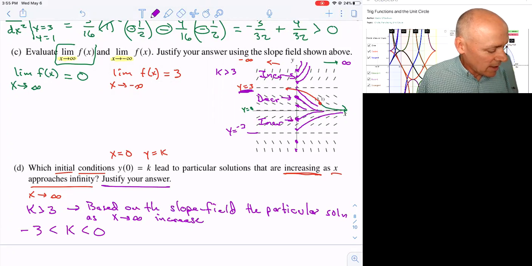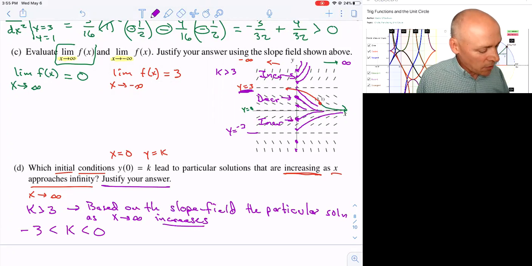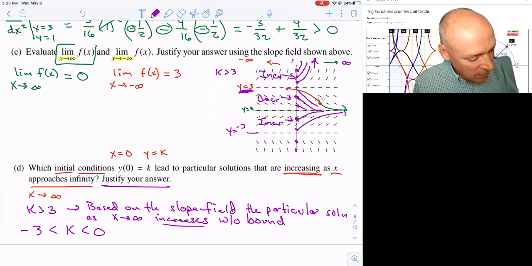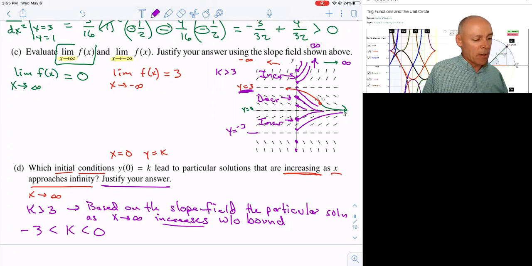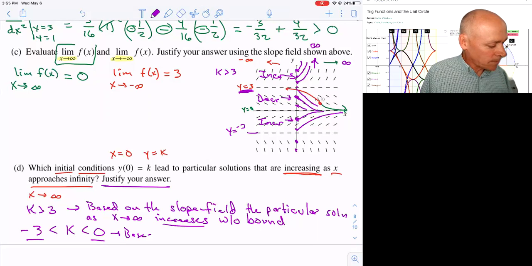That's our key. And we would say those would increase without bound. They would go toward positive infinity. They just keep going and going. Those that are above, where k is greater than 3. These that are in between -3 and 0, same thing based on the slope field.